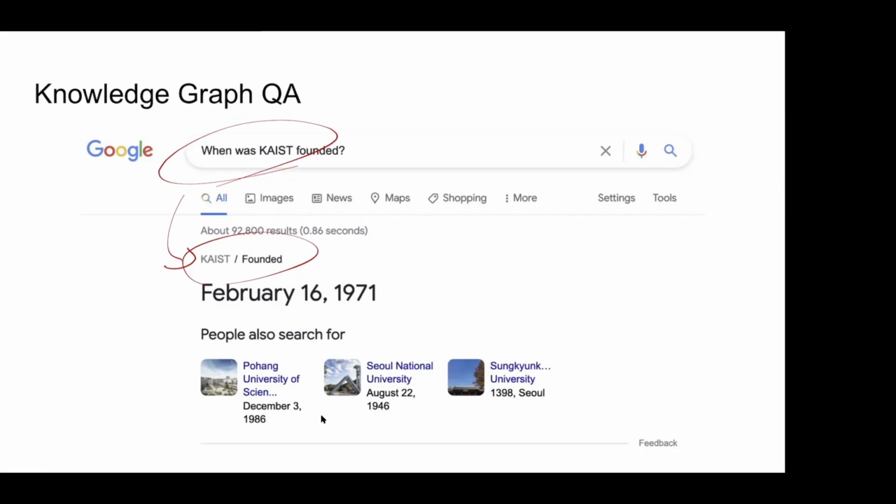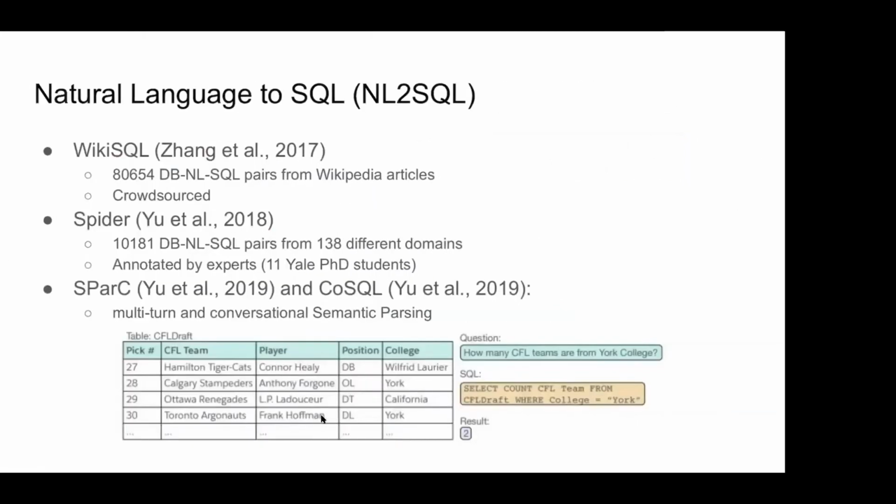Okay. Another example is natural language to SQL. So it's a bit more complicated because now your target logical form is not just a simple entity slash property, but something like this SQL query here. Select count CFL team from some table where college equal New York.